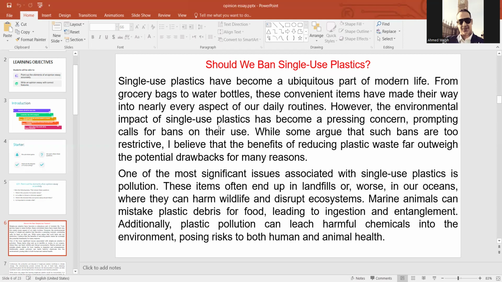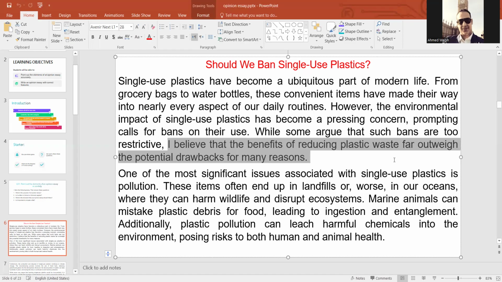However, the environmental impact of single-use plastics has become a pressing concern, prompting calls for bans of their use. While some argue that such bans are too restrictive, I believe that the benefits of reducing plastic waste far outweigh the potential drawbacks for many reasons.